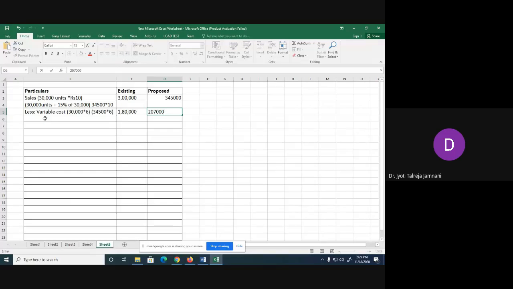Now from the sales, when you minus the variable cost, you get contribution. Or you can also call it gross profit, but in the income statement, it is always called contribution. So we have to do sales minus variable cost to get the contribution value.